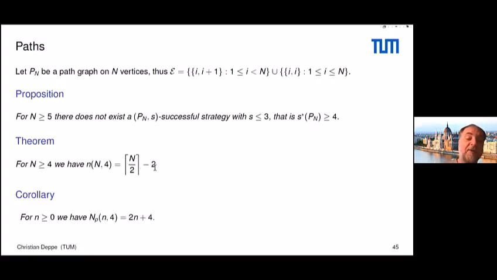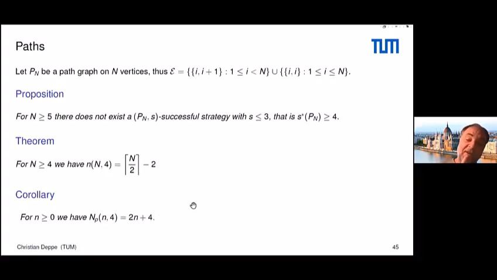And what we get is that the maximal number, if we put in s equal 4, is 2n plus 4. So it's linear in the number of questions. So the number of elements is linear in the number of questions if we have s equal 4.